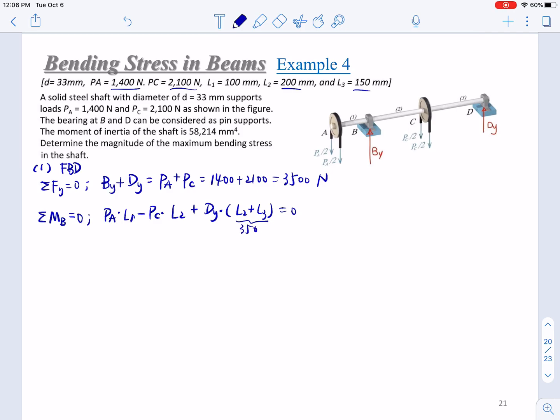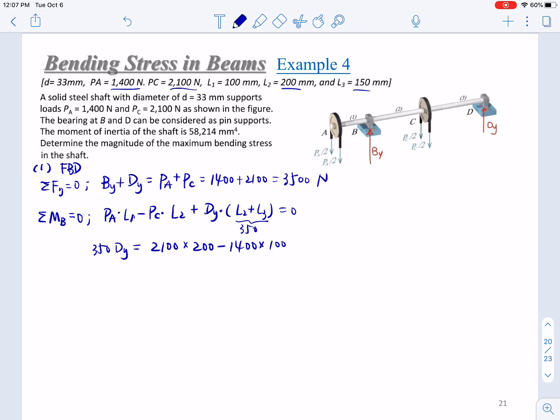Right? From this, we can get 350 Dy equals PC L2 minus PA L1.